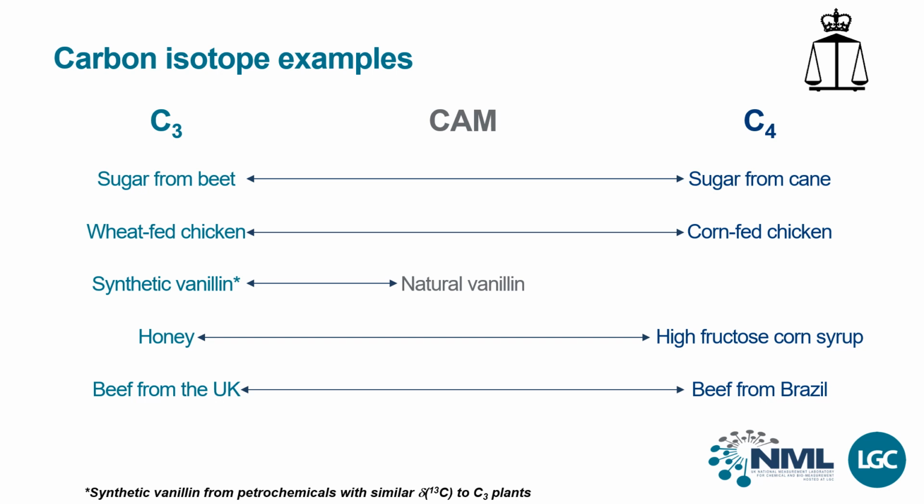Natural vanillin comes from a CAM plant, while synthetic vanillin is usually derived from petrochemicals that have a similar carbon isotope ratio to C3 plants, and so isotope analysis can be used to verify the origin of vanillin.